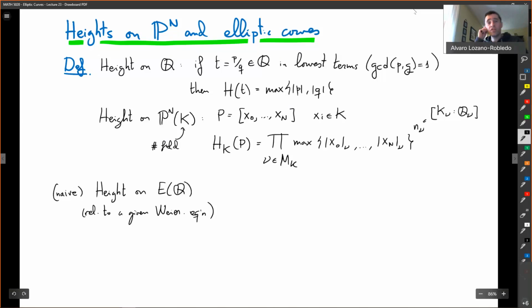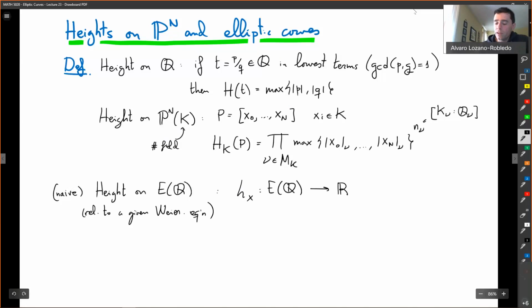If you change the Weierstrass equation, the height will change. Okay, so it's going to be a height that is given by the x coordinate of your elliptic curve. Later we will do heights in a bit more systematic way, but here is one such height.